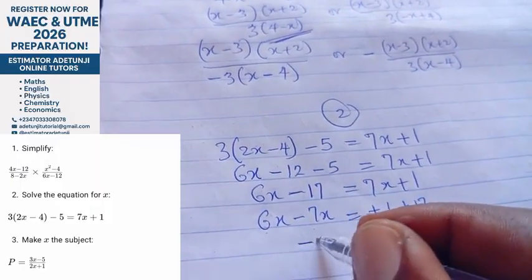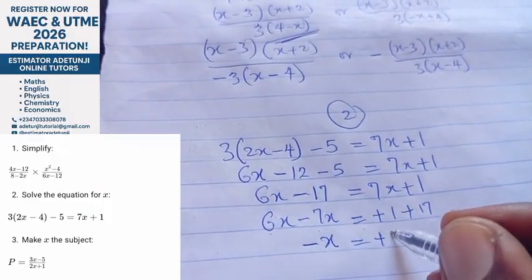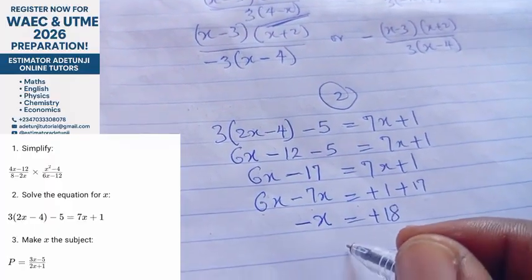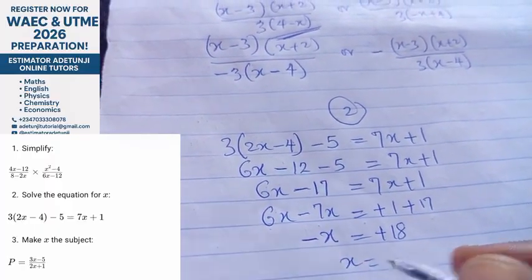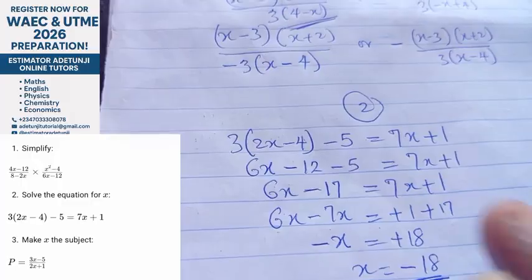So I have negative 1x equals positive 18. Divide all through by negative 1, so x equals minus 18. That's how we settle question number 2.